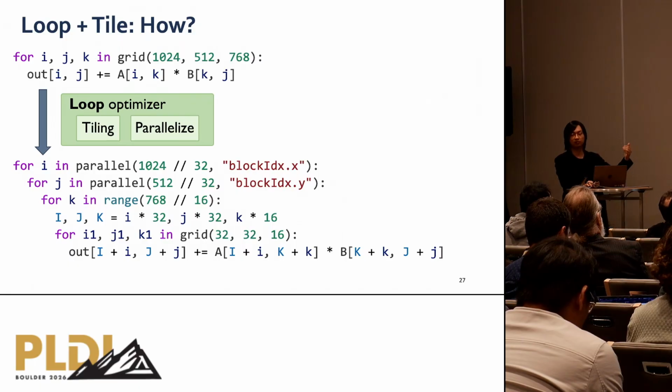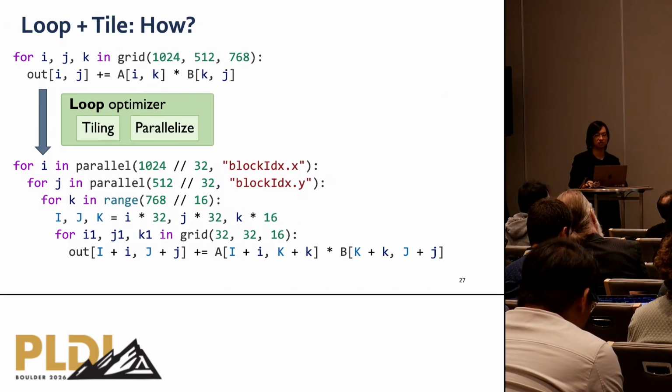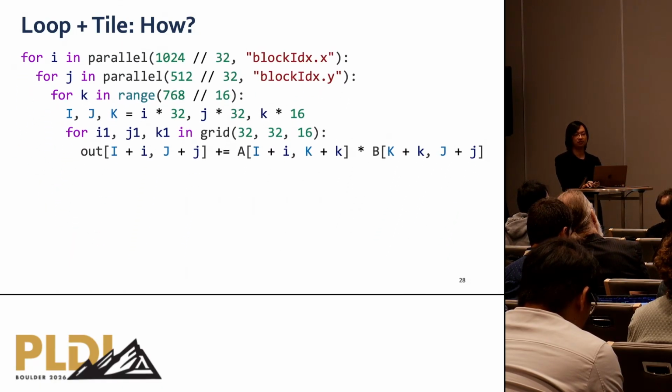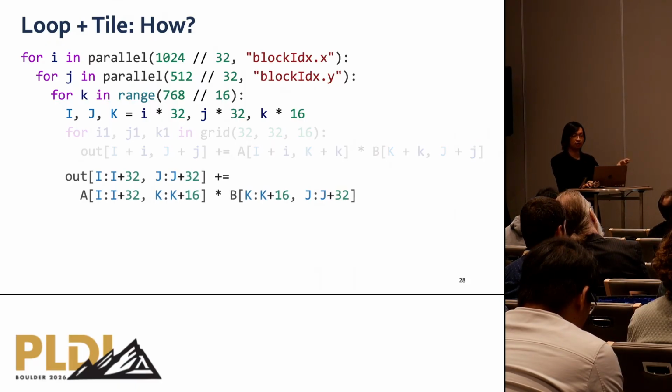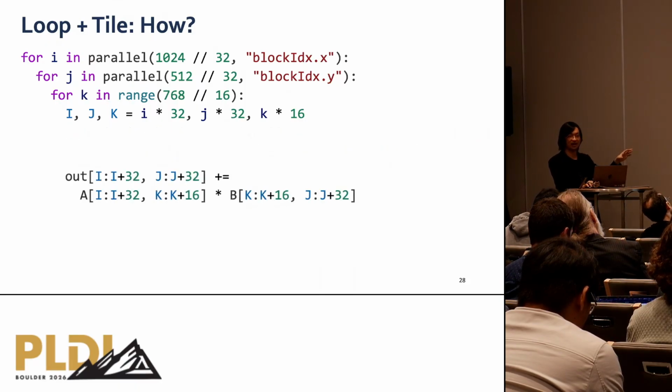When the program comes in, first it runs into the loop optimizer, which does multiple things like tiling and parallelization, which gives you a program like this on the bottom, optimized by the loop optimizer. And then the loop-to-tile translator will latch onto the inner loops of this loop structure, as well as the compute statement, and translate all of that into one tile statement.